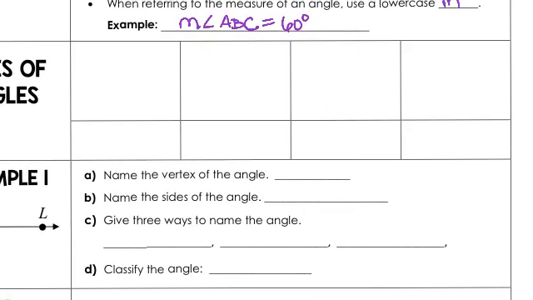There are 4 basic types of angles that you need to be aware of. The first one is acute.